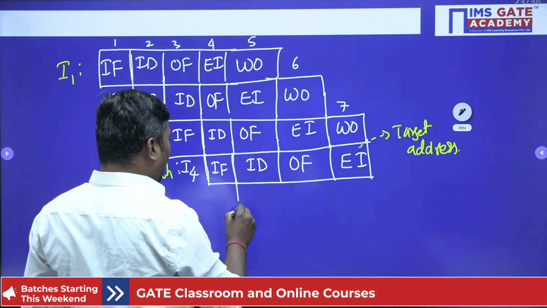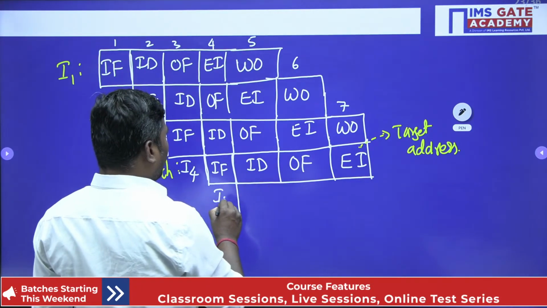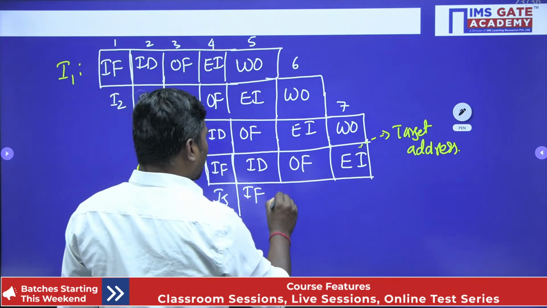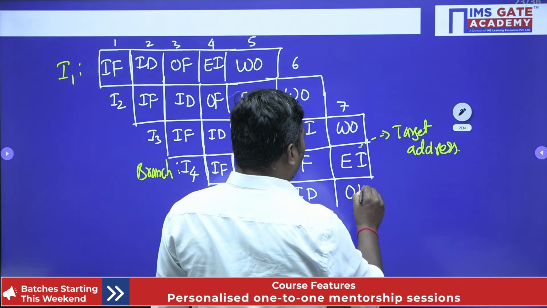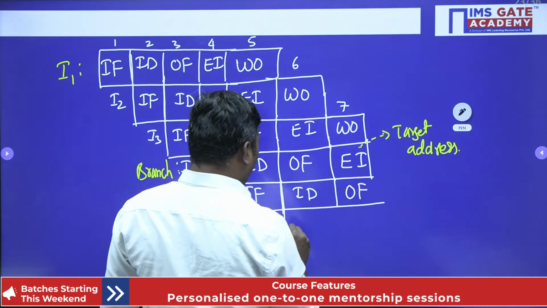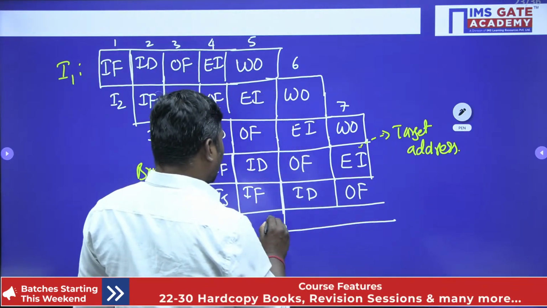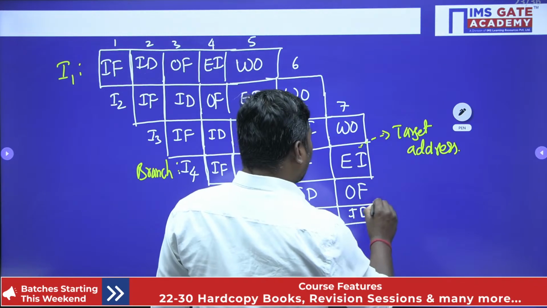Whenever instruction I4 is decoding, instruction I5 is fetched or not? Instruction I5 is fetched, then it is decoding, operand fetch is happening here, yes or no? Also observe instruction I6: instruction fetch, instruction decode is being done here.